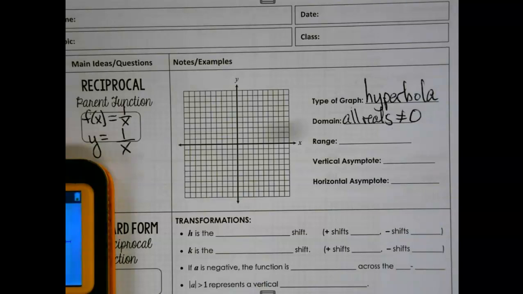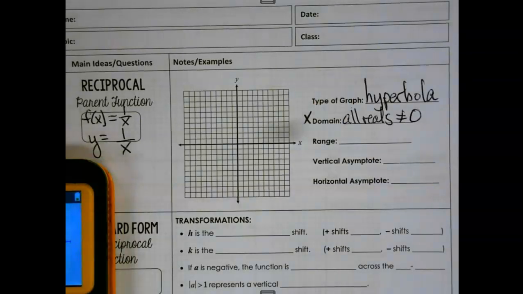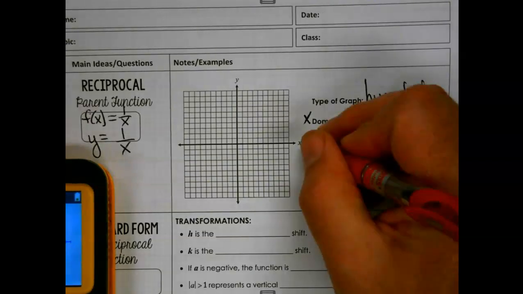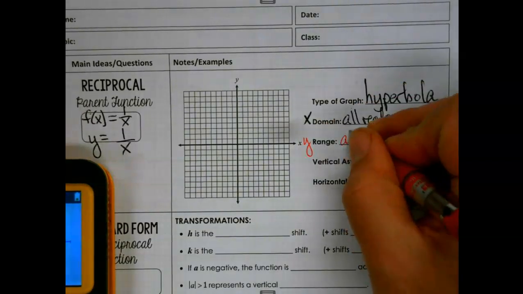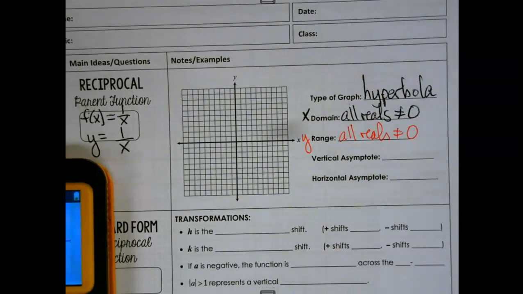I'll explain why the not equal to 0 in a minute. Because remember, domain has to do with x values. Our range, typically for a reciprocal function, are y values. Will also be all reals not equal to 0.